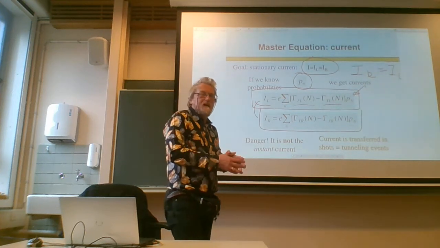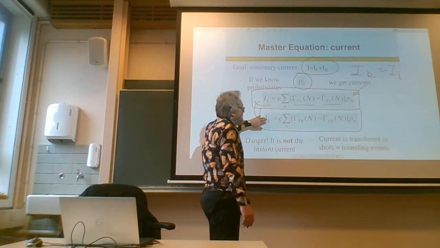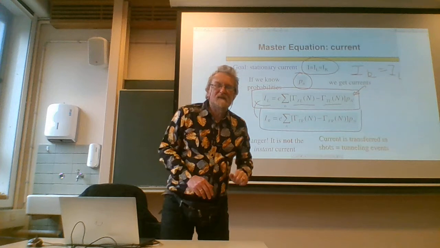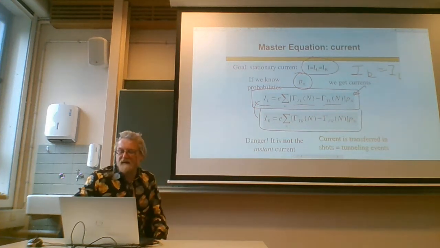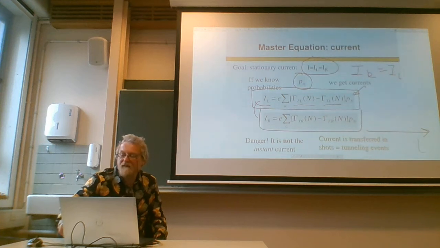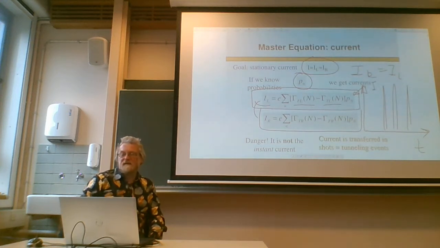Fine. Good. So we can evaluate the average current. And okay, let me just mention that it's not really instant current. If one considers the timeline of electron transfers, then the current will come in spikes corresponding to these transfers.